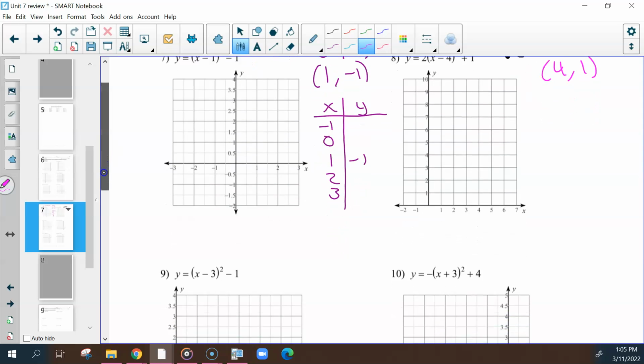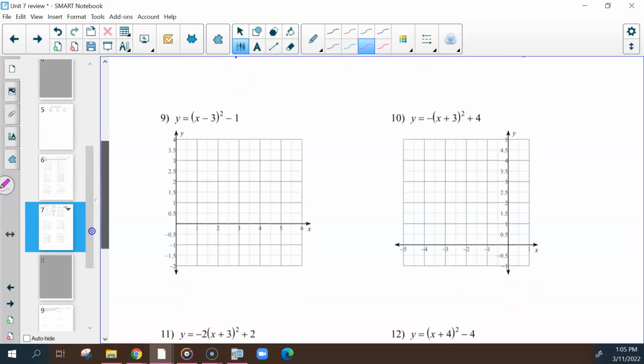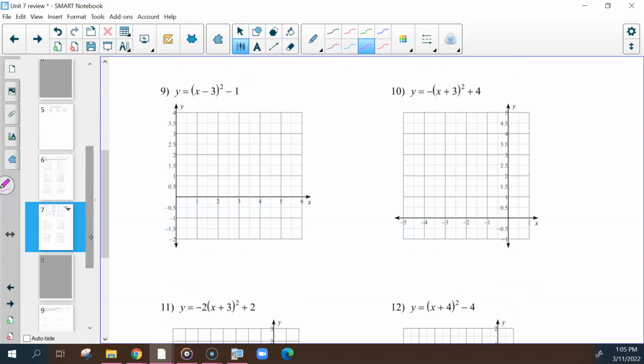We're going to do another one. Let's look at number 10. What would your x or your h value be? Negative 3. And your y or your k value? Positive 4. That would be the number or the ordered pair you put in the middle of your table.